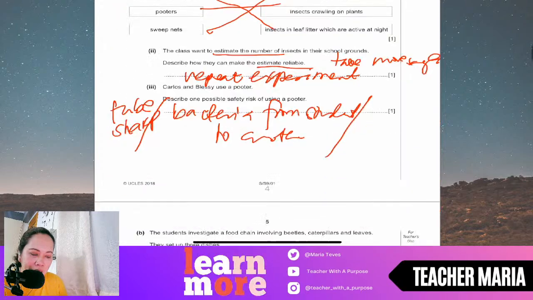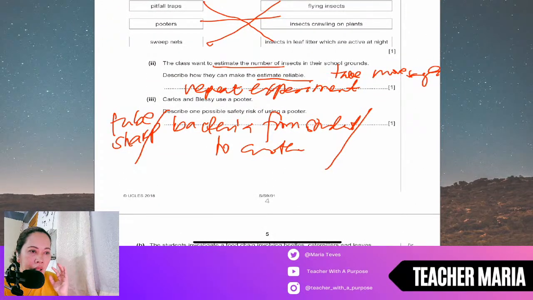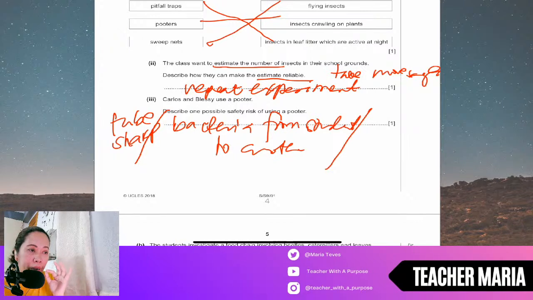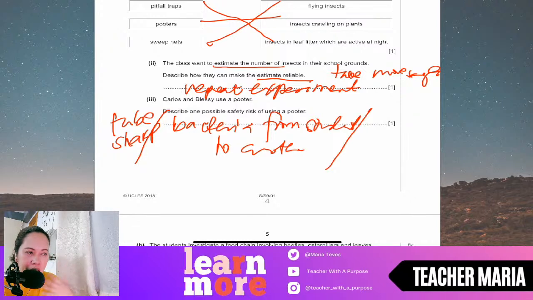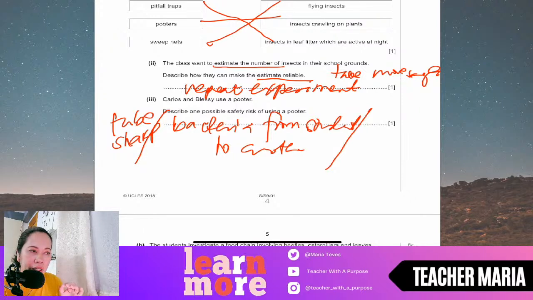So the possible safety risk would be bacteria passing from one student to another, because you will place it in your mouth. Another student will use the same tube, then the microbes will be transferred from one student to another. Or the tube is sharp, it may cut your mouth or your lips. So that's another problem.